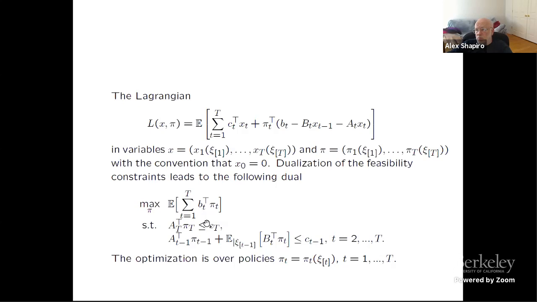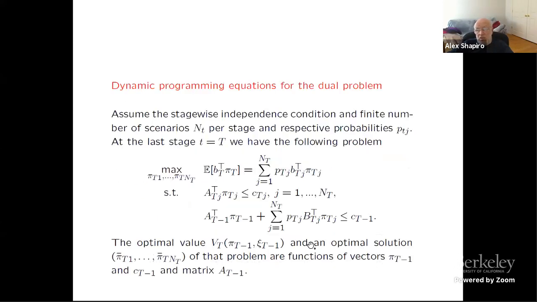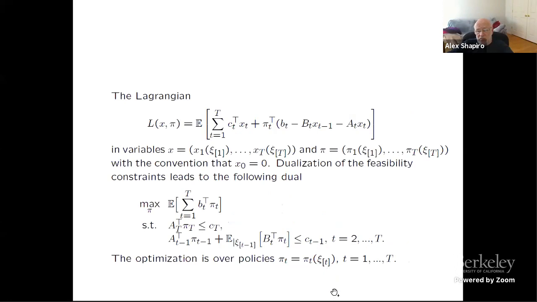What is a little bit surprising here? When you look at the dual problem, these are now Lagrange multipliers. In the primal problem, when you solve it, it decomposes for every possible scenario, for every possible discretization or marginal distribution. Here it does not decompose. Nevertheless, one can do similar things.